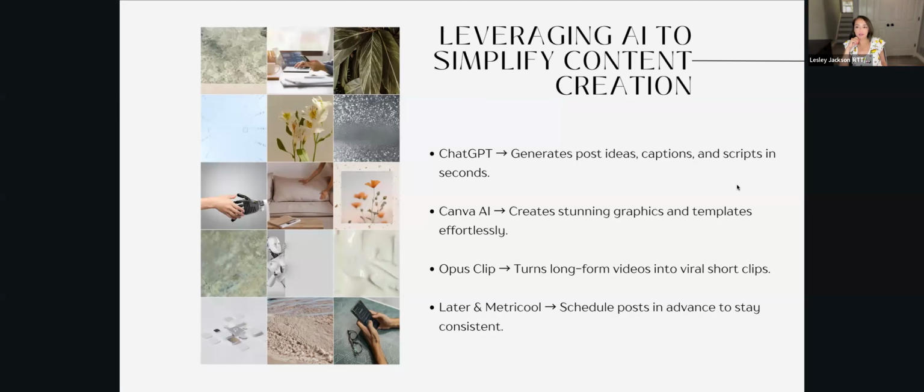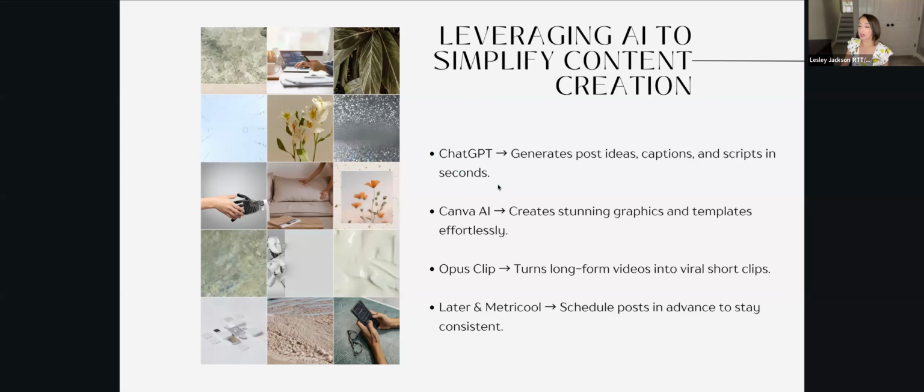100%. I love ChatGPT too, Karen, as well. I'm going to show you another one, and that is Claude AI. But here are some tools that we're going to use today to help generate a social media calendar. I'm going to share one with you as well, which you could screenshot and take away and use as a foundation. ChatGPT helps us generate content like post ideas, captions, and scripts in seconds.